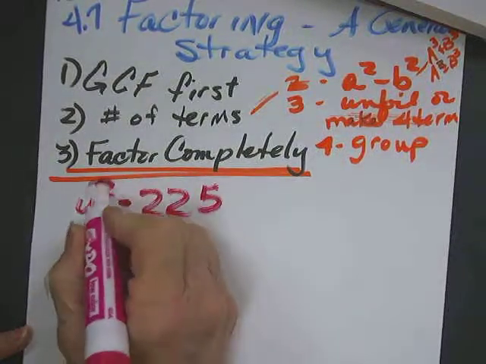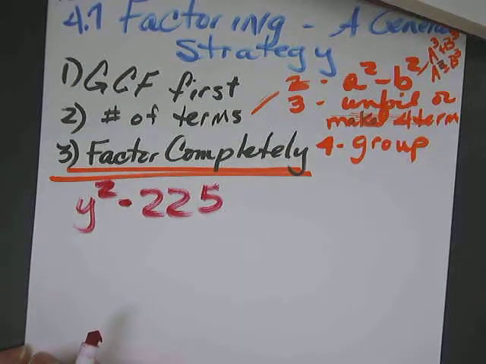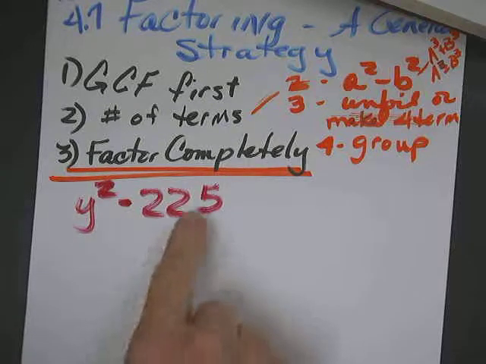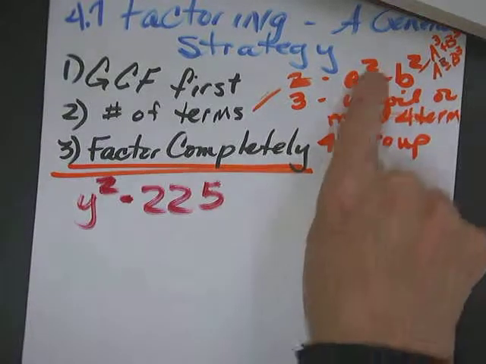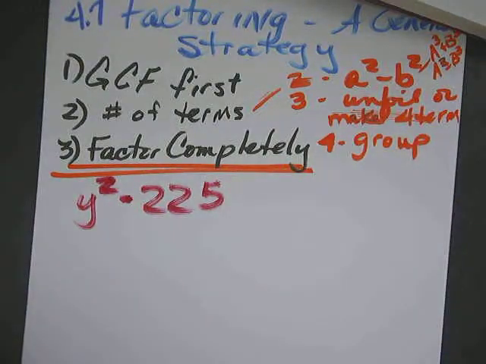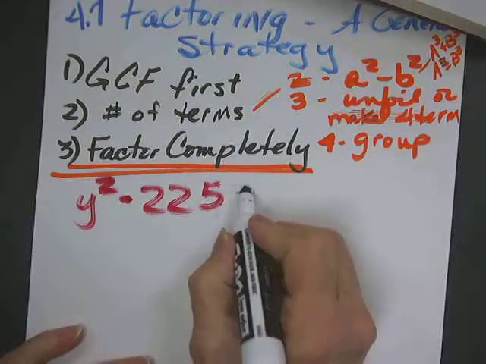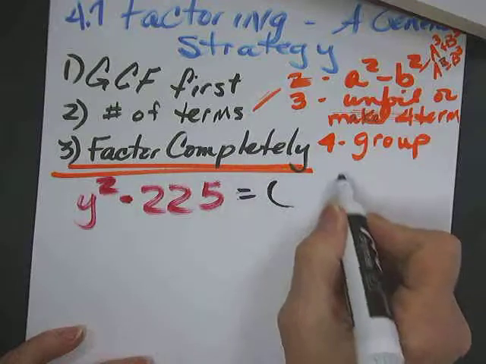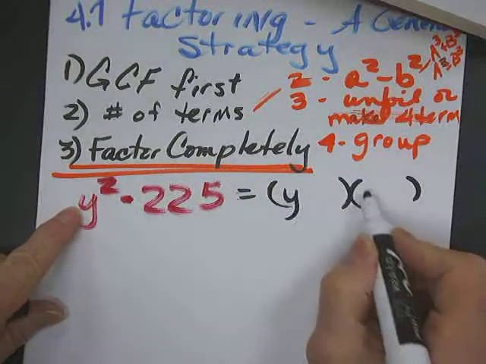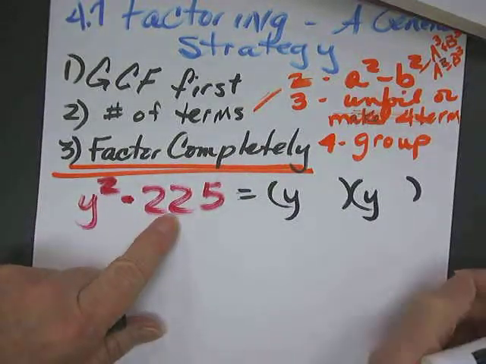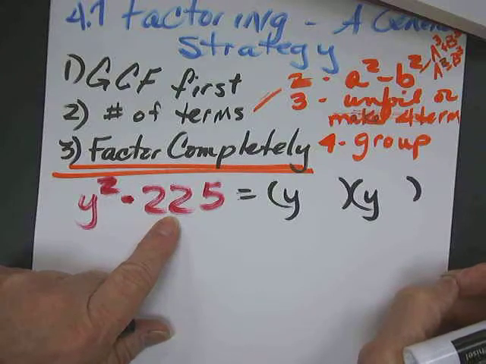Okay, what about this one? y squared minus 225. How are we going to factor that? Is that perfect squares? Yeah, so it's going to be the difference of squares. So, y squared is y times y.